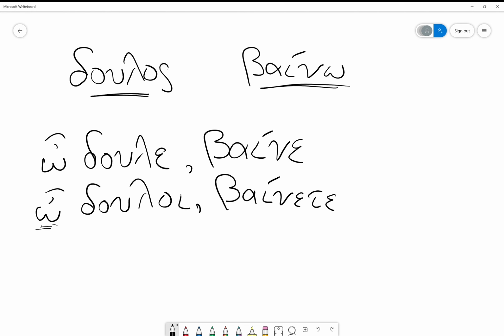And context will give us more illustration on that. There is a third person imperative, but that will come much later. For now, what you just need to know is the a versus the ate, singular versus plural.